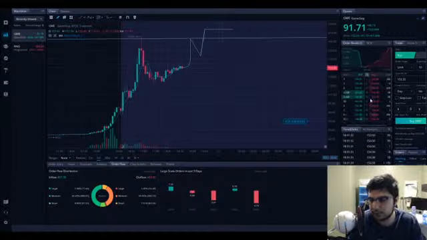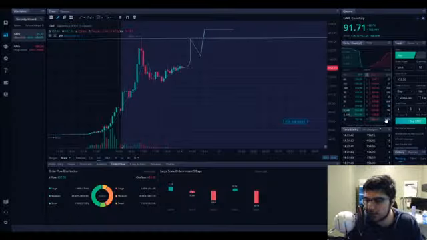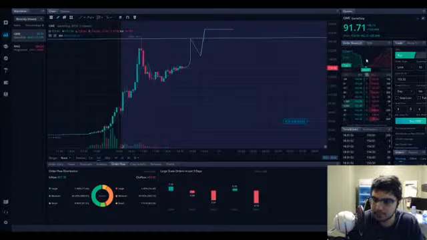I'll look at the level 2. There's a lot of buy pressure around 153. That's pretty good. But at any time, there are people with 20, 30,000 shares that just all at once could create a wall right here at the at the money price.